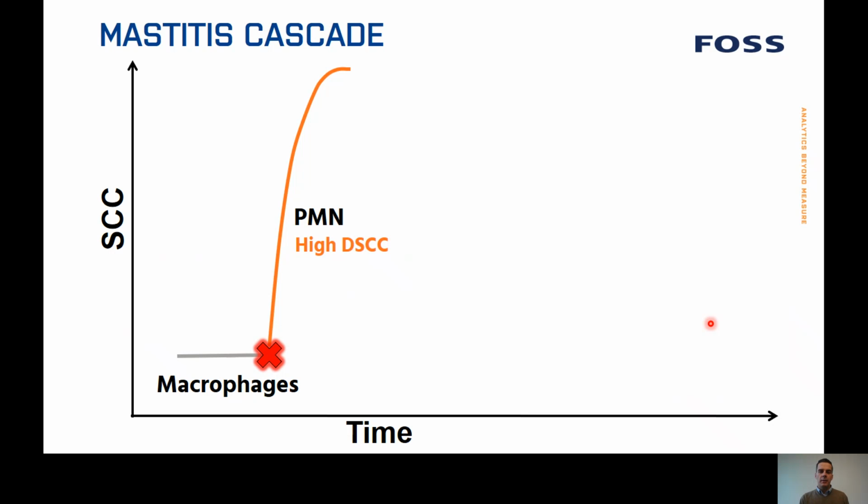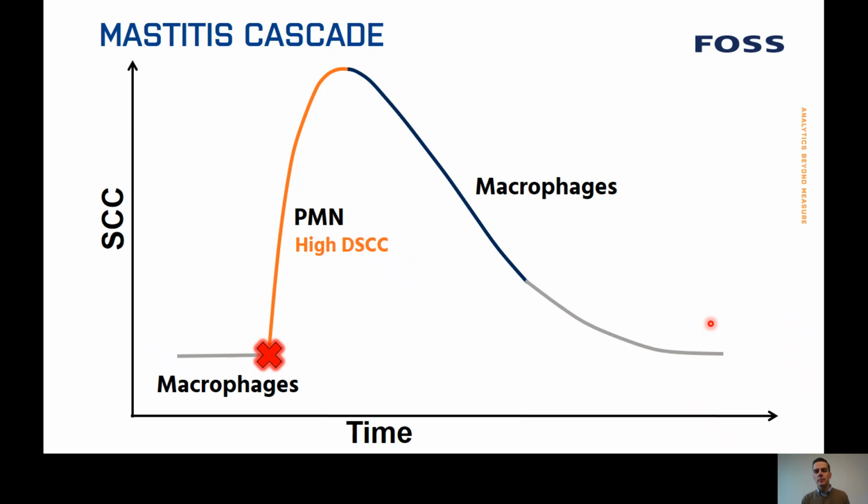High amounts of PMNs in the milk also means that we have high DSCC results. Once the PMNs succeeded to eliminate the bacteria, the somatic cell count starts to decrease and macrophages take over again. In this stage of the infection, the macrophages have the function to basically clean up, to remove broken cells, broken bacteria, and they start repairing the other tissue which might have suffered some damage from the inflammatory reaction.